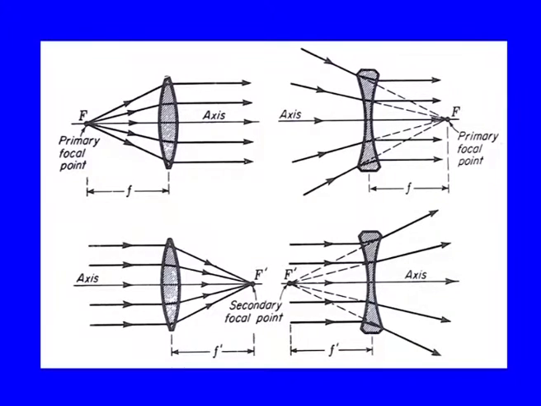For the second focal point, the rays which are parallel to begin with, after refraction converge to a point called the secondary focal point, or second focal point, second focus, and similarly for the rays which after refraction appear to come from the focal point.